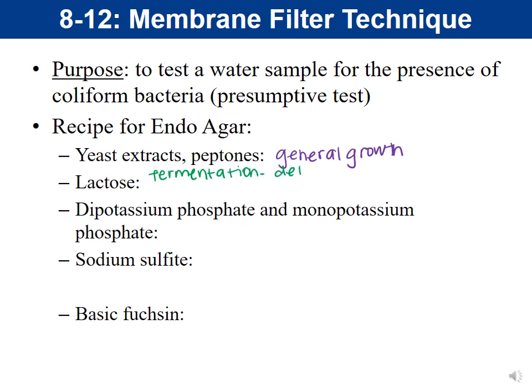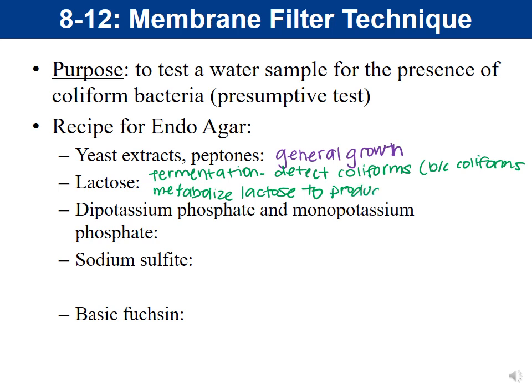Because we're going to be able to detect coliforms. Because coliforms metabolize lactose to produce acids and gas.